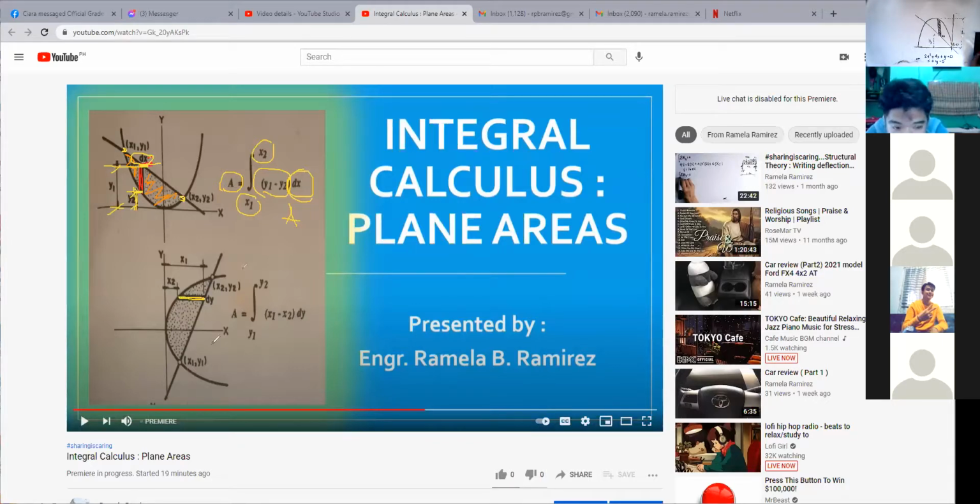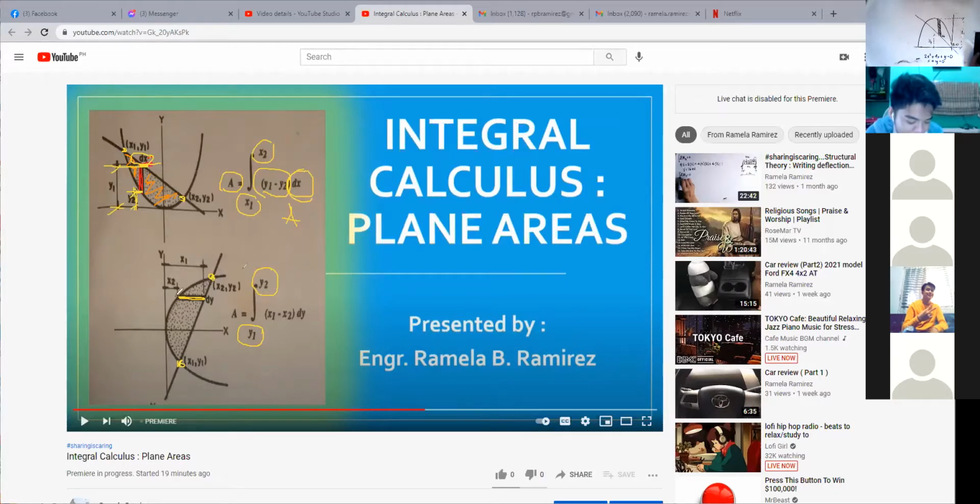Area ng element, you determine the integral from a certain value, pero this time, simula dito hanggang doon. So, ibig sabihin, ang nagva-vary sa atin ngayon ay ang gagamitan natin ng integral is a minimum value ng y sub 1 hanggang dun sa maximum value na y sub 2.